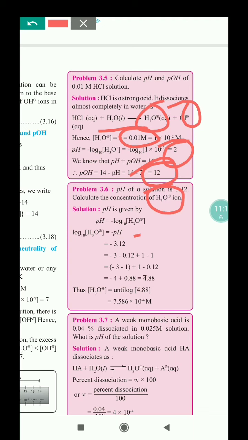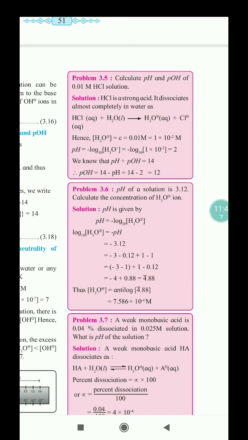So minus log of hydronium ion is equal to minus 3 minus 0.12, plus 1 minus 1. Here this operation is done because the antilog of a negative number cannot be taken, so it is converted into a positive fraction. So minus 3 minus 1 is equal to minus 4.